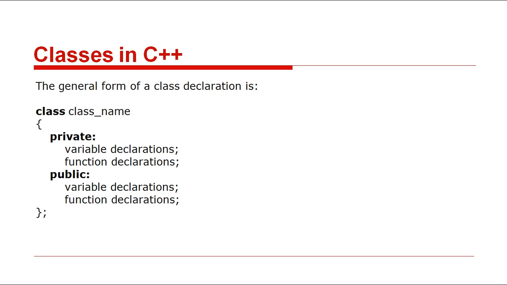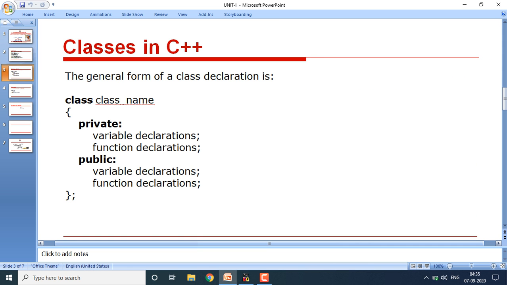Inside the class, your member functions can be defined immediately after the declaration. Inside the class, the function by default acts as an inline function. Clear all of you? So there are two ways to define member functions: the first one is inside the class and the second one is outside the class.